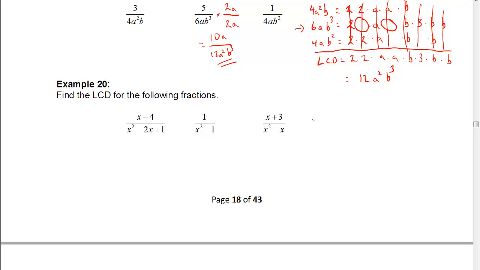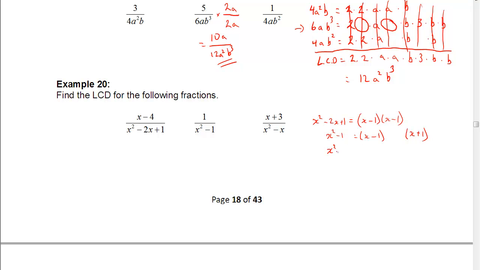So we take each part. X squared minus 2x plus 1, we factor that, and that's x minus 1 and x minus 1. X squared minus 1 is x minus 1 and x plus 1.